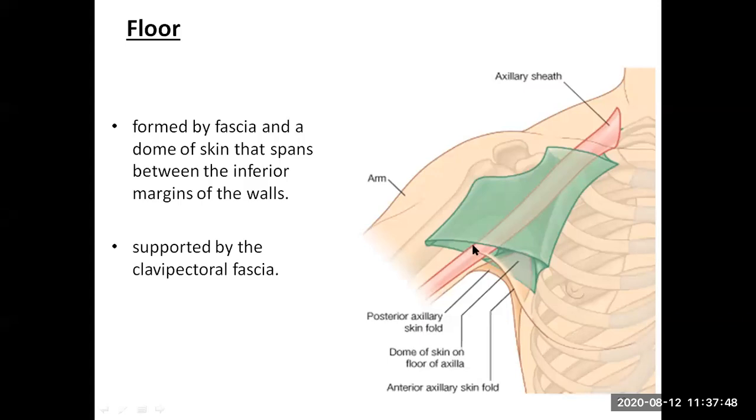This floor of the axilla is formed by the fascia and a dome of skin, because it is concave in this way. That's why the terminology of dome is used here. The dome of skin spans between the inferior margins of all the walls: inferior margin of the anterior wall, posterior wall, lateral wall, and medial wall.